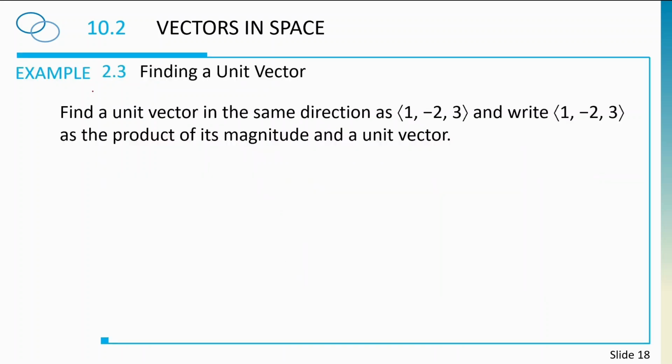Now see this question, example 2.3. It says we need to find a unit vector in the same direction as the vector (1, -2, 3).